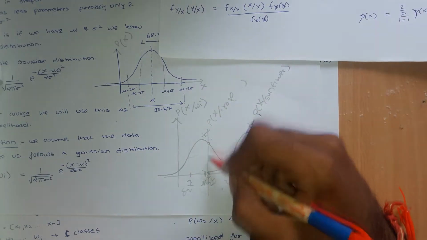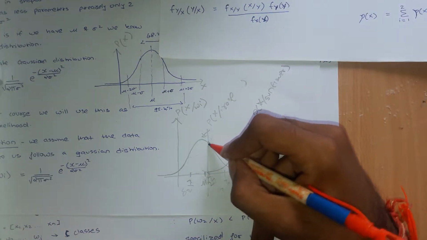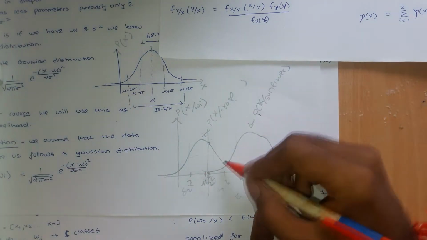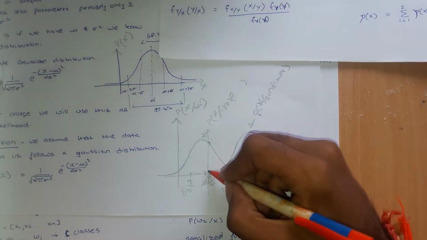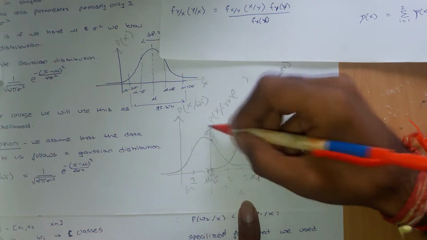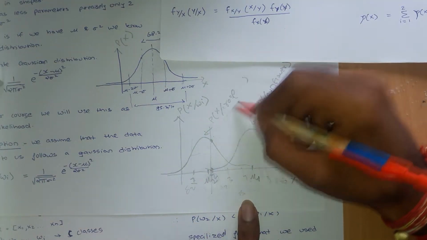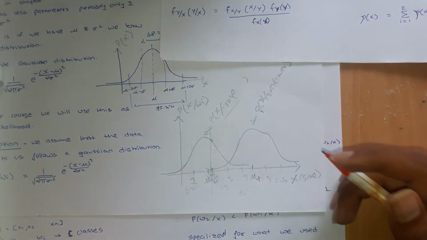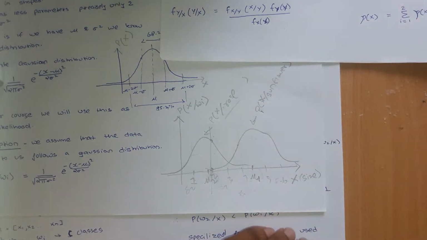So at x equal to 2, this is the likelihood for rose, and for it being a sunflower, the likelihood is this. You can see evidently that it has a greater probability of being a rose, so we assign it as a rose, the decision rule that we saw.